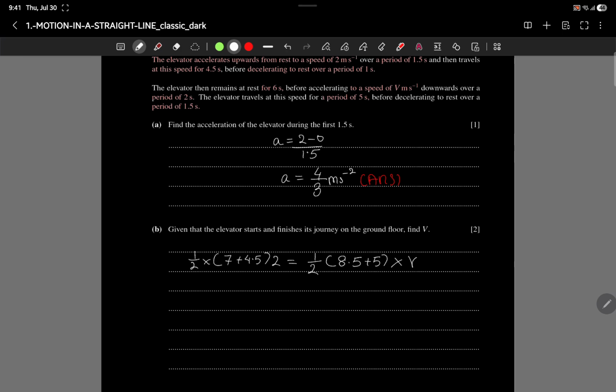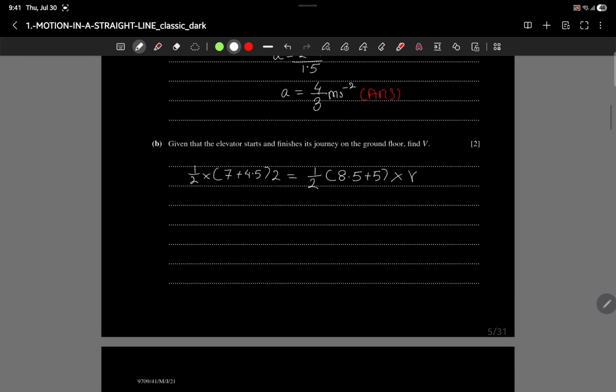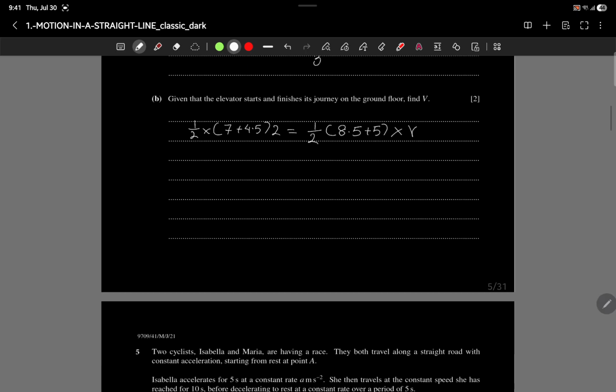Okay, great. So now we solve this. Hopefully we can find the value of v. Over here we get 11.5 equals half into 8.5 plus 5, 6.75 v.